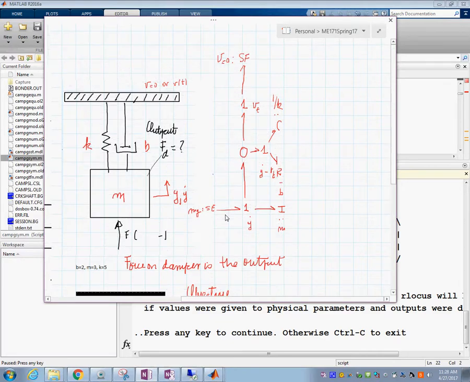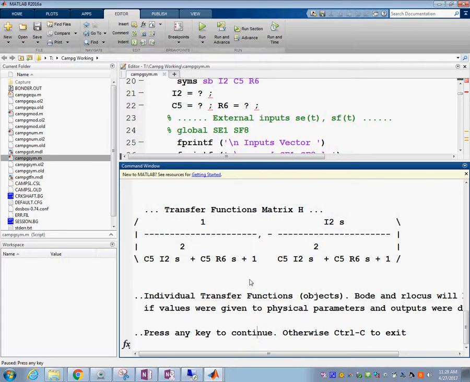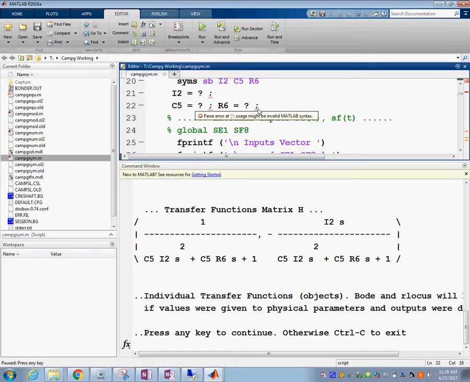I wrote them down. B is 2, M is 3, and K is 5. So in here you have P sub 2 is 3, which is this one, and then K was 5, right?